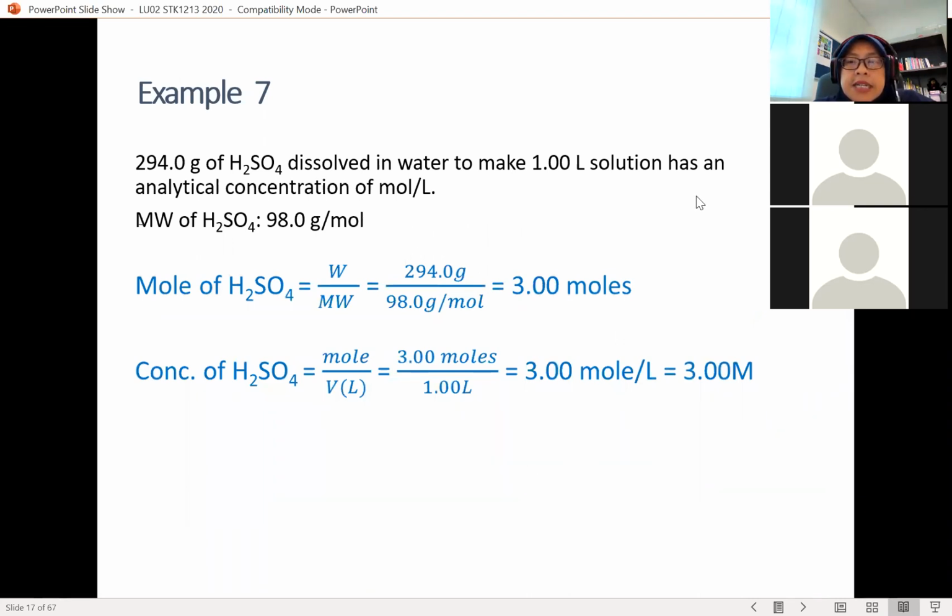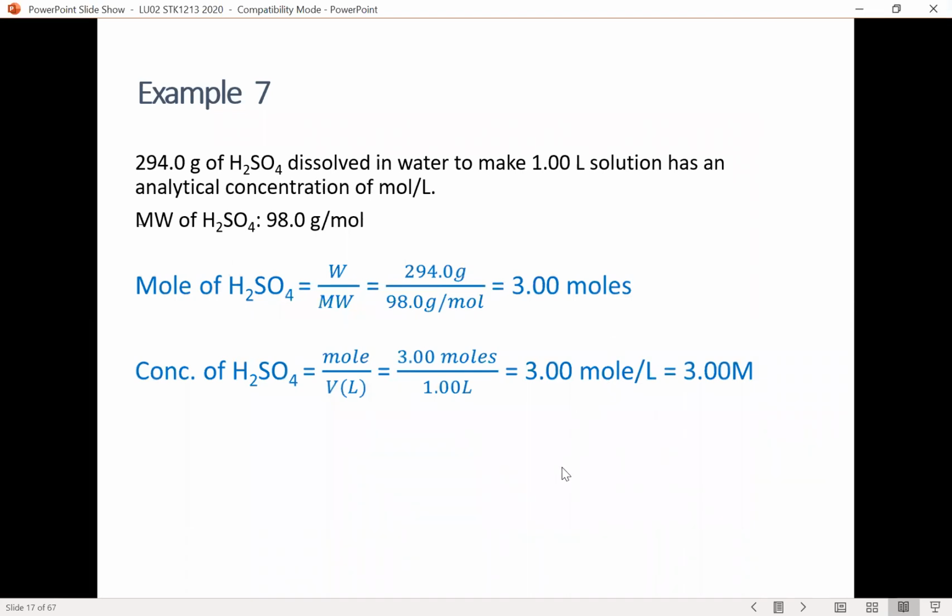This one has been given the answer. 294 gram of sulfuric acid dissolved in water to make 1 liter of solution has an analytical concentration of how many mole per liter? Okay, so this is the same approach that you will use.